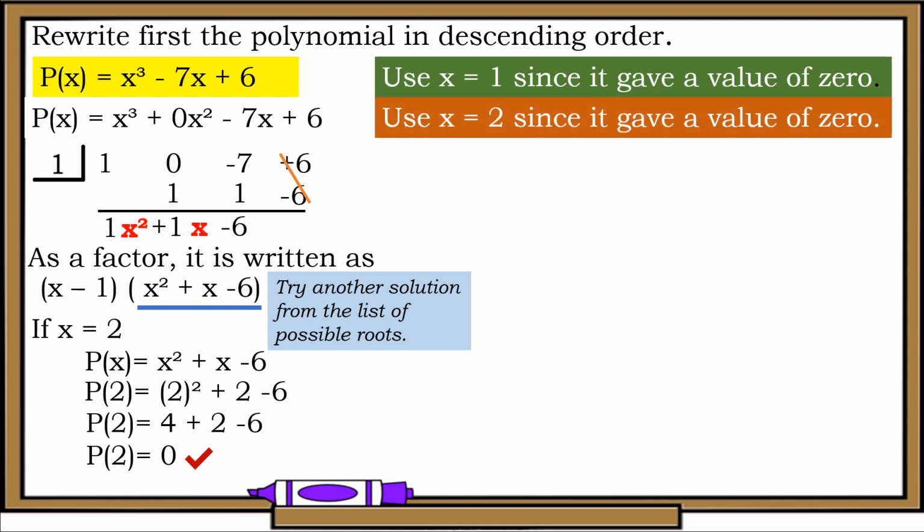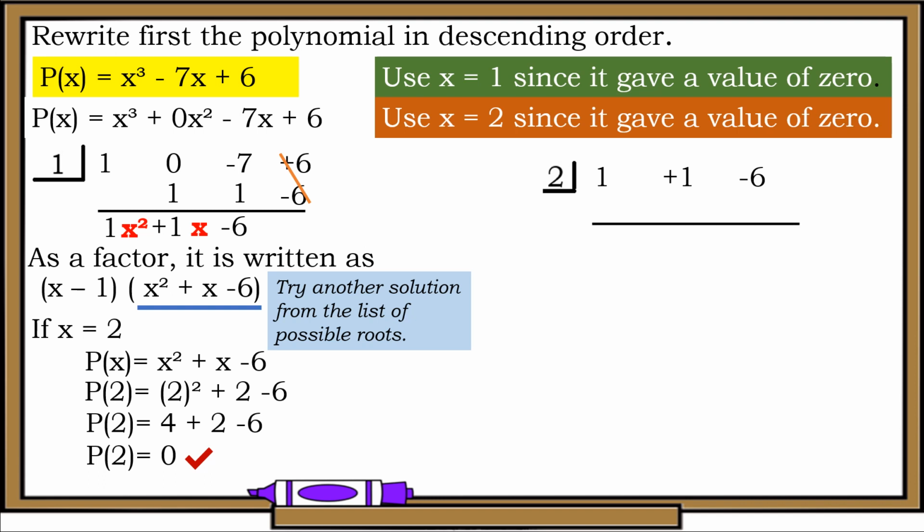So, let us use x is equals to 2 since it gave a value of 0. Isusulat natin uli yung numerical coefficient ng polynomial na x squared plus x minus 6. So, 1, positive 1, negative 6. Ang divisor natin ay 2, kasi sabi nga natin, let us use x is equals to 2.